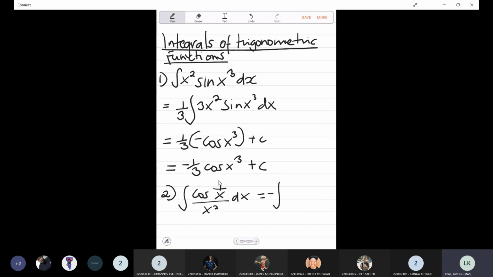So this is the negative integral of cos of 1 over x over negative x squared dx. And from there, this is just negative. The integral of cos is sine. So I have sine of 1 over x, and then you add your constant of integration.